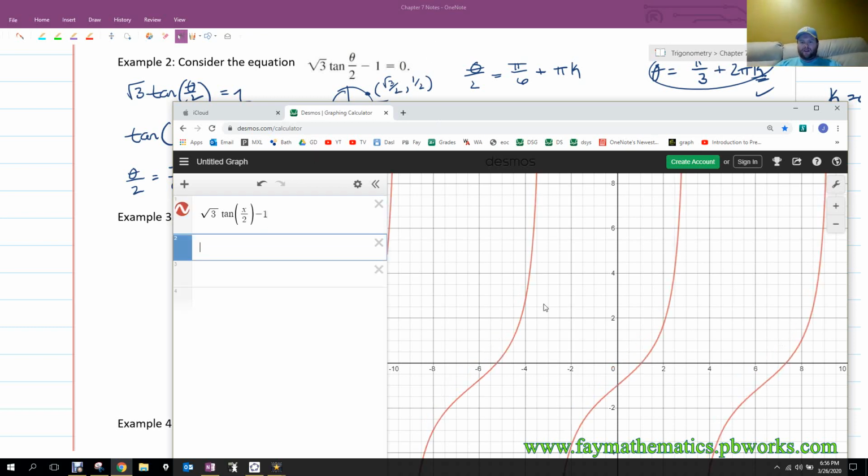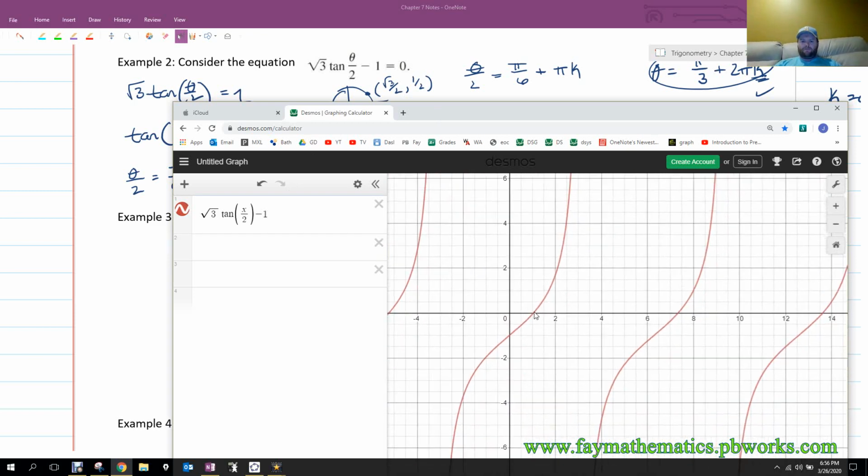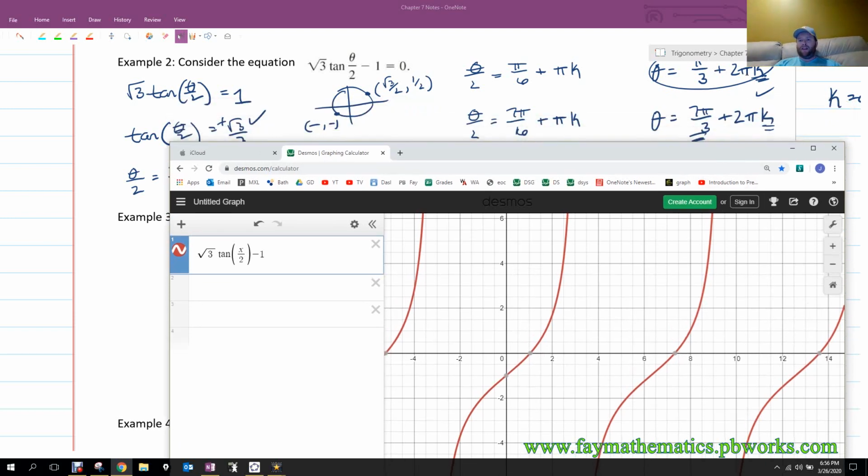We're looking at where this thing crosses the x-axis. So we see it happens once at pi over 3. The next one is 7 pi over 3. Next one then would be 13 pi over 3 when that k value increases.